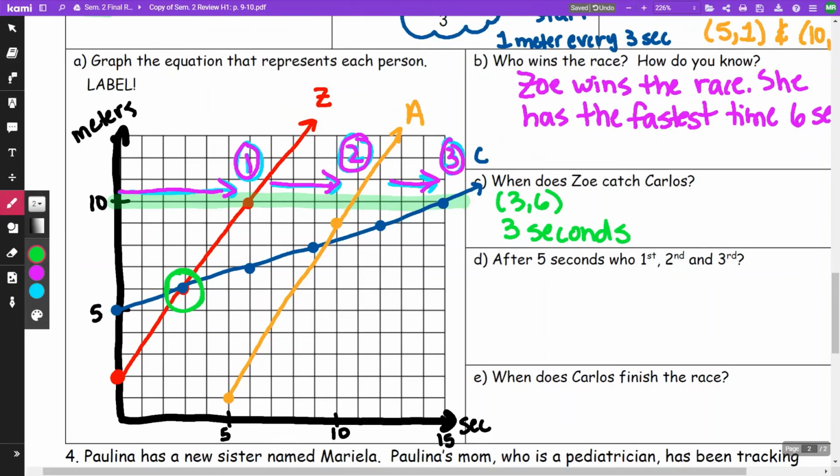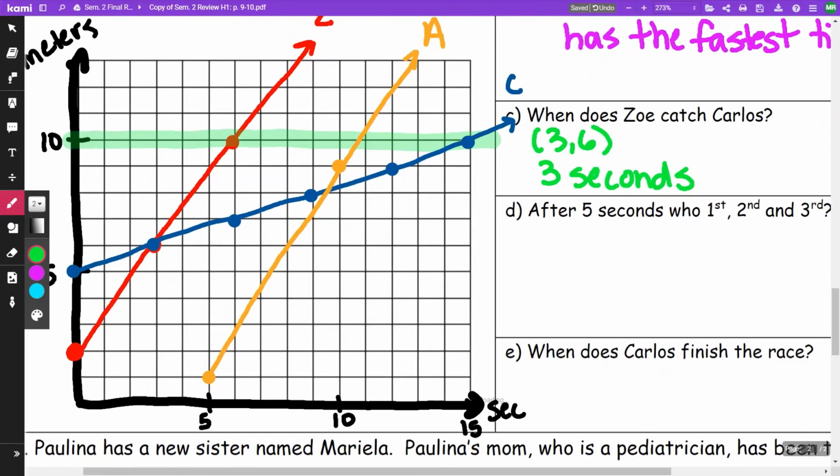After 5 seconds, who is first, second, and third? Let me get rid of these right now because I don't want those to distract us. We are looking at 5 seconds, so I'm going to draw a line in this blue at 5 seconds. We want to pay attention to who is first, second, and third.